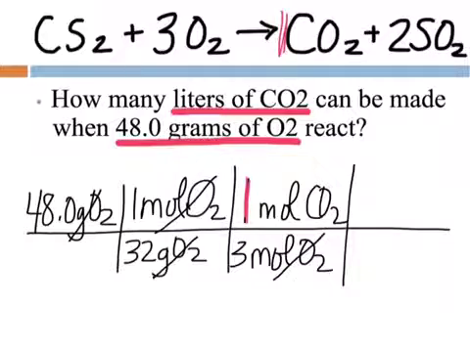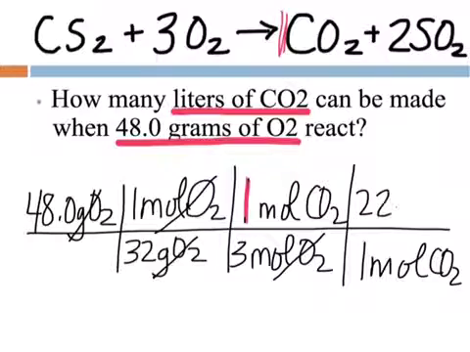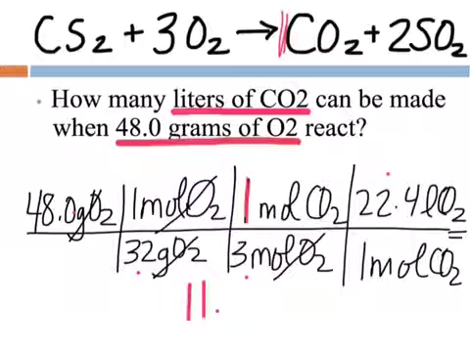I can say that for every 1 mole of CO2, there are 22.4 liters of CO2, and that's for any gas. Go ahead, add those together, or multiply them. You get 48 divided by 32 divided by 3 times 22.4, which gives you a final answer of 11.2 liters of CO2.